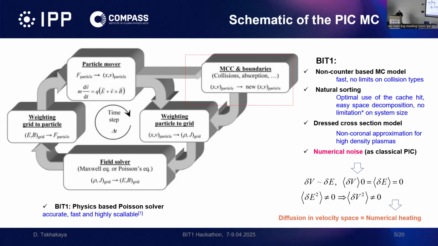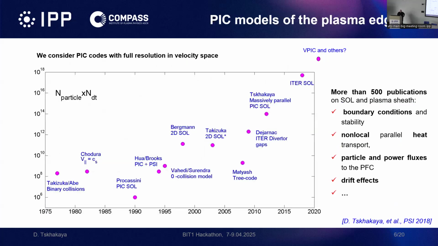What is good for edge particle codes is that particles at some point disappear at the wall, and so they disappear with their error. So this is a good thing. Now, this is a quite old sketch from one of the invited talks, and it shows how plasma edge simulations for fusion-related plasma were developing.